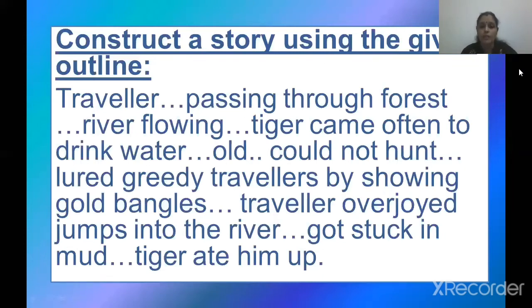Okay, so this is the outline that has been given to us, and we are going to construct a story using this outline. Now tell me, children, who are the main characters in this? From this, can you make out who are the characters here?